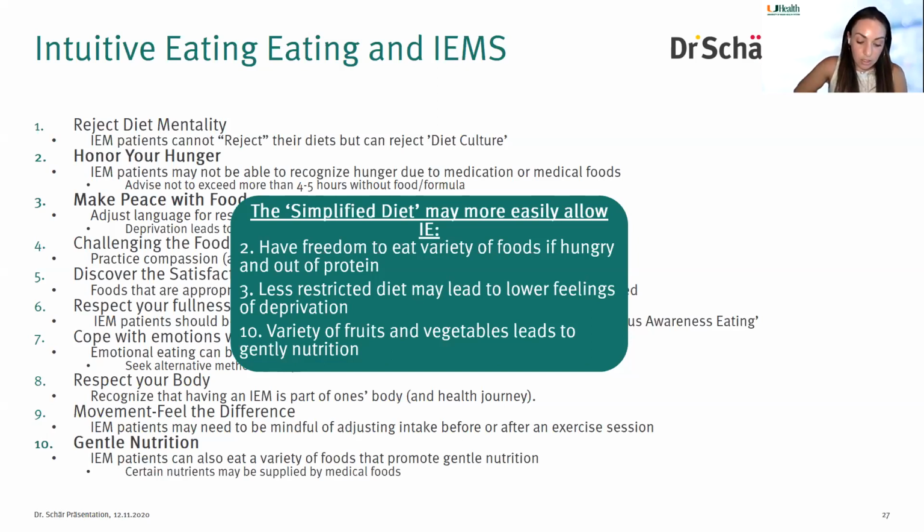In honoring hunger, patients with inborn errors of metabolism may not be able to recognize hunger, so it may be advisable to ask them to eat every few hours. As far as making peace with food, in our counseling, we can adjust our language and prevent that deprivation cycle from occurring. In challenging the food police, we can teach our patients to compassionately self-care.